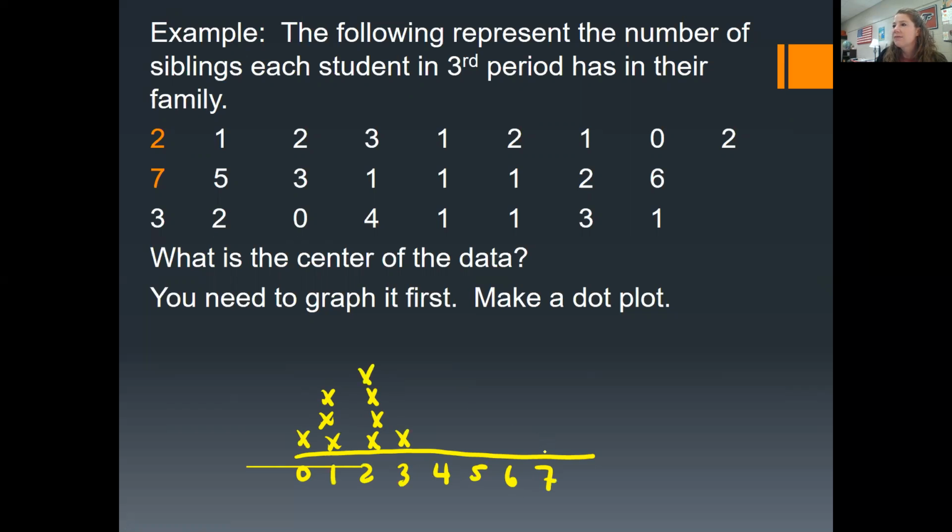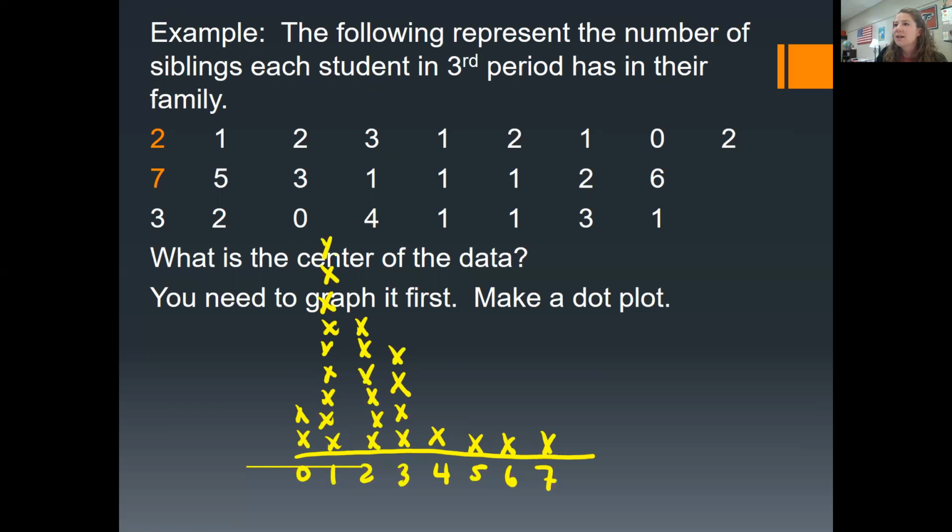And then I have 7, 5, 3, 7, 5, 3, 1, 1, 1, 2, 6, and then I have 3, 2, 0, 3, 2, 0, 4, 1, 1, 4, 1, 1, and then 3, 1.